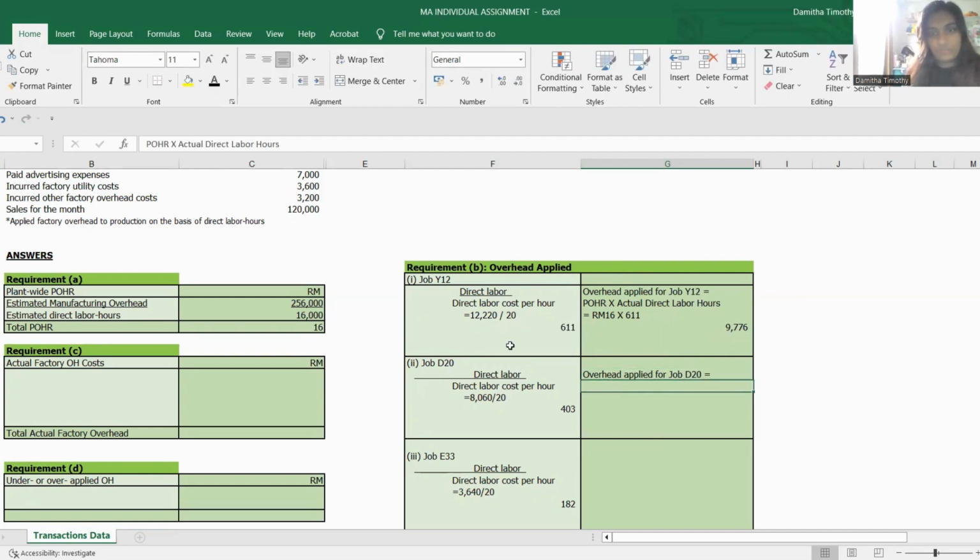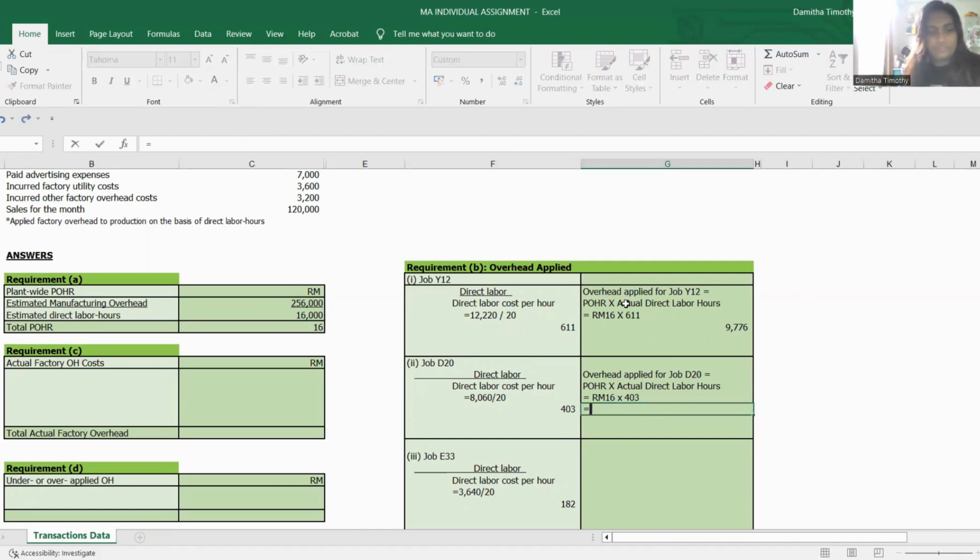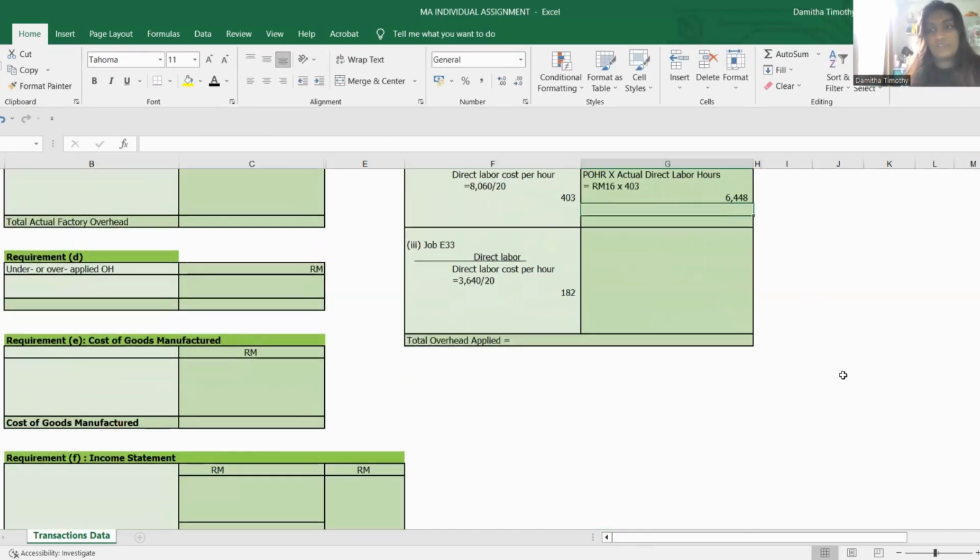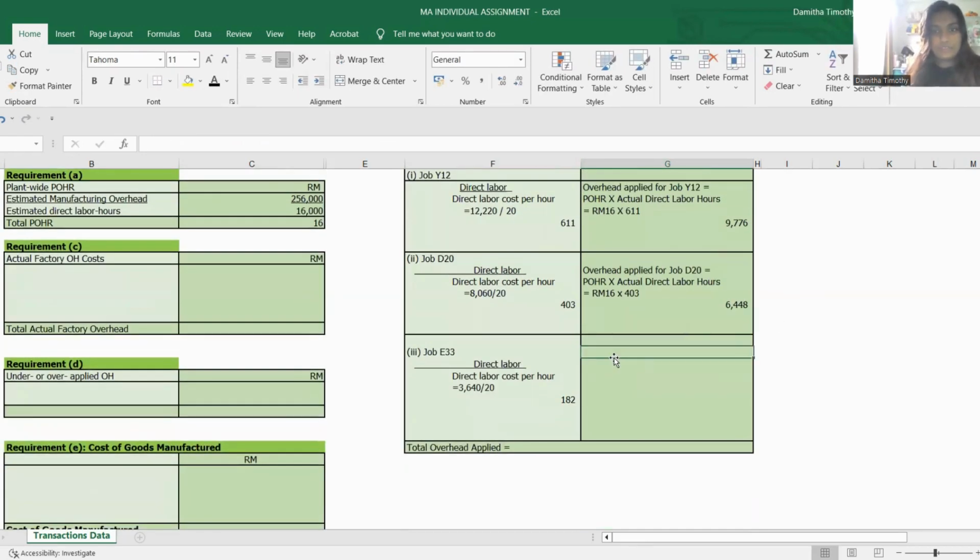And the second one, job D20. For the overhead applied, we use the actual direct labor hours for job D20. 16 times 403 is 6,448. And we'll go to the third one, job E33.